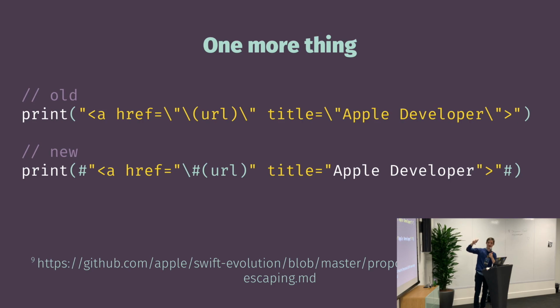Now with Swift 5, you can put a hash symbol before your string, any number of hash symbols, and then you don't need to escape your literals. Instead, you need to escape, for example, interpolation with the same number of hashes, between the slash and the open bracket. So this looks much nicer than the initial version, and is especially useful for regular expressions.